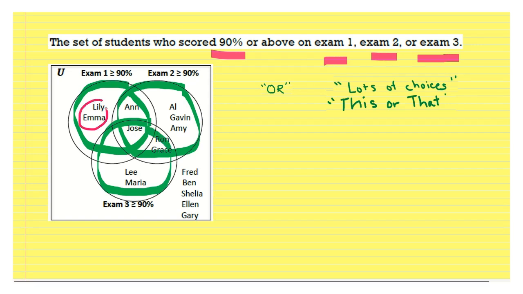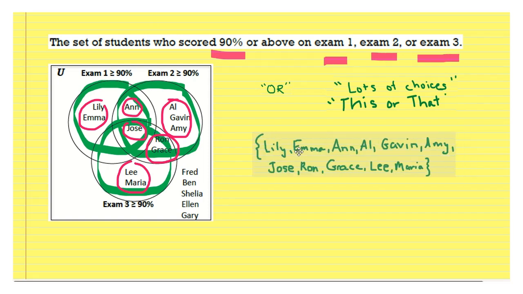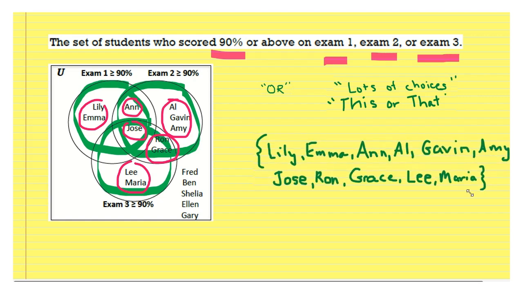We have Lily and Emma, we have Anne, we have Al, Gavin, and Amy, we have Jose, we have Ron and Grace, and Lee and Maria. All of these students for all 3 categories scored higher, but we get to choose from all of them because or means we've got lots of choices. It's a big area. So we can represent this roster with all of these names.